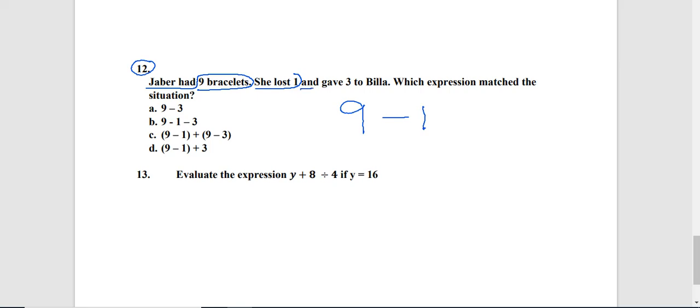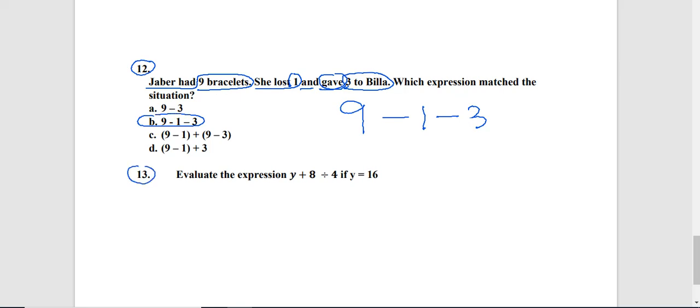And again, she gave 3 of the bracelets left to Bila. So the total number of bracelets she has is going to reduce because she has lost 1 and she has also given 3 out. And to show that, we use the operator minus 3 again. That leaves us with the correct expression B.